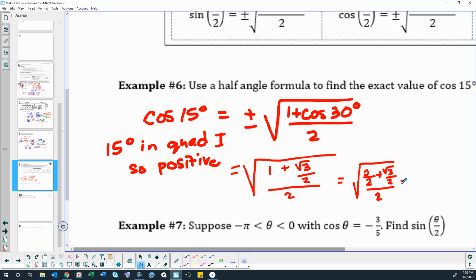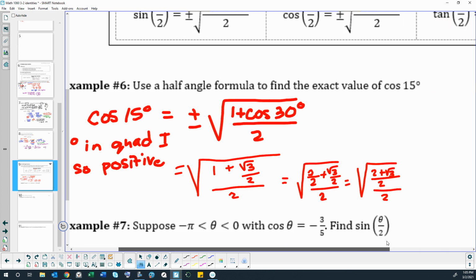Which gives us 2 plus square root of 3 over 2. Just combine those fractions together. I just got a common denominator on my 1 so I could add it to the other one. And that whole thing is divided by 2.